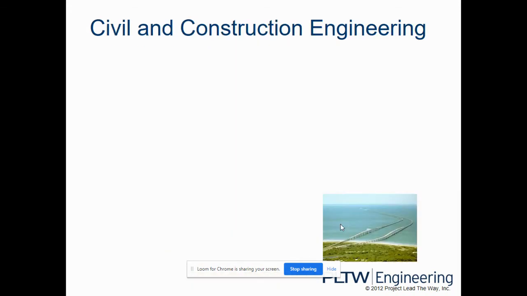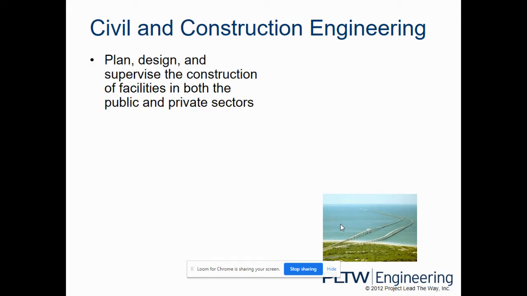The next is civil, and kind of related to it, construction engineering, where chemical engineering made things out of chemicals. Construction engineering makes things out of really solid material, so whatever you're building does not move. So you plan, design, and you can even supervise the construction of these really big things.